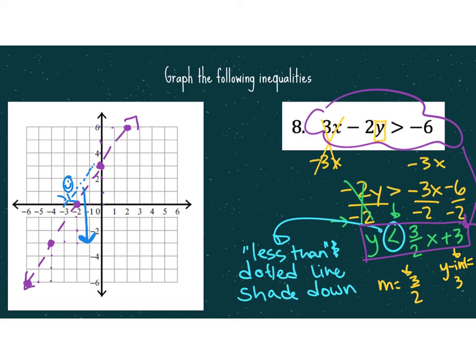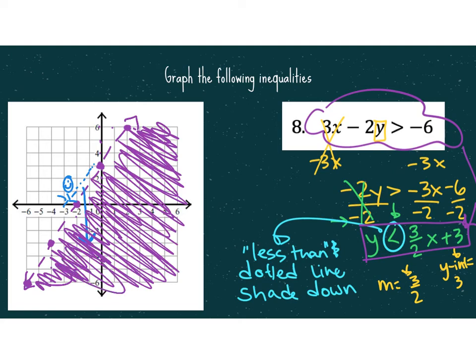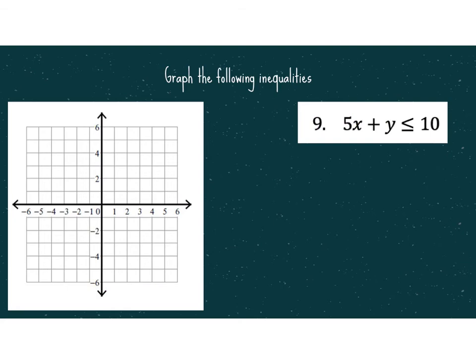So my solutions are underneath that line. That's where less than would go. Down here underneath. Everything in the purple is a solution set. My inequality line is just a boundary line. The values on the line don't count, but everything that's shaded in purple is a solution.